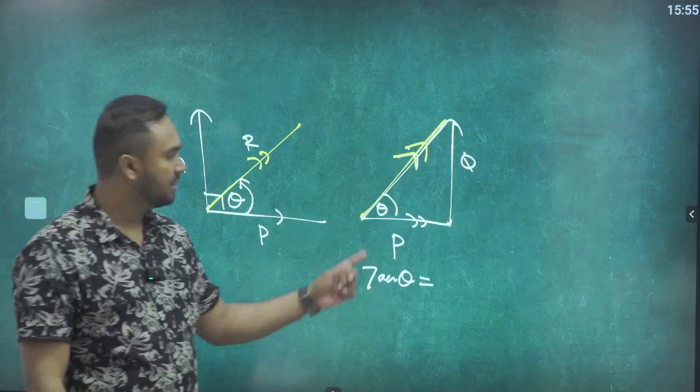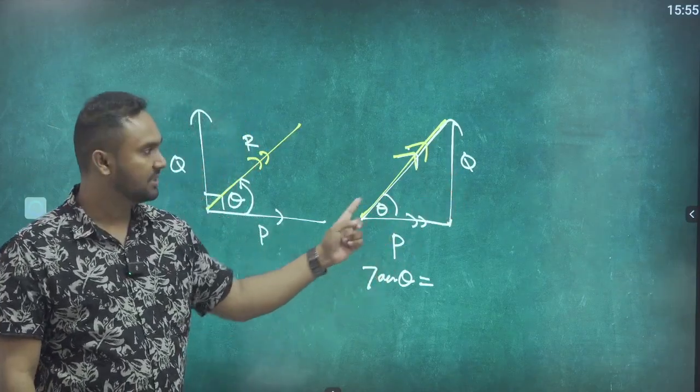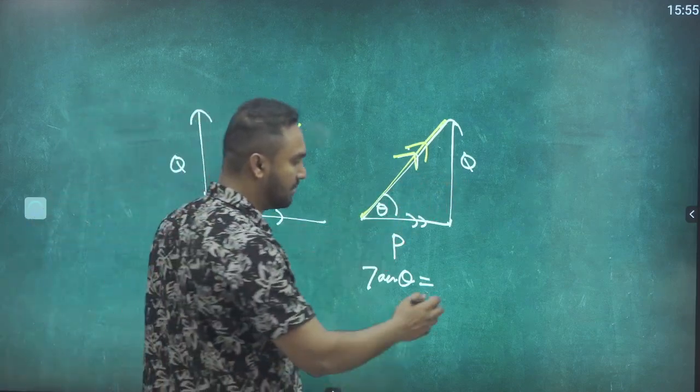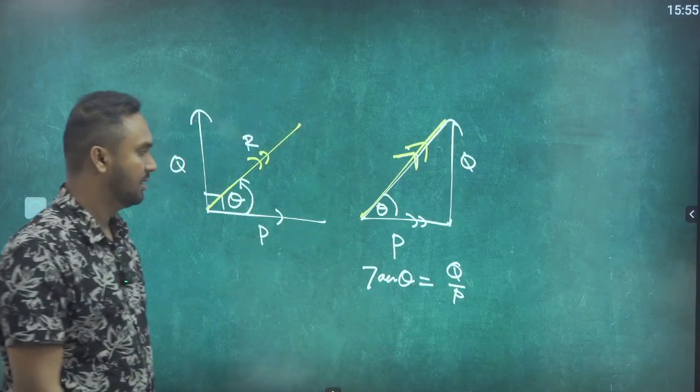Now what is tan theta here? Opposite over adjacent. So opposite is Q, adjacent is P. So tan theta should equal Q over P, right?